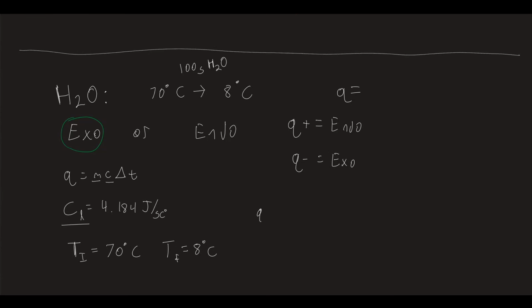So Q equals the mass, 100 grams, multiplied by the specific heat, 4.184 joules per gram Celsius, multiplied by the temperature change.